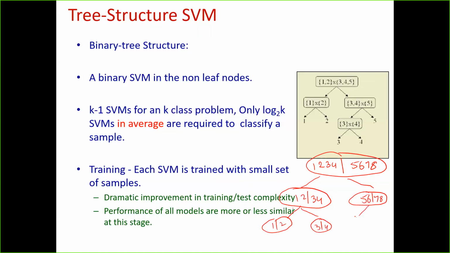And here, you can have a classifier between 5 versus 6, between 7 versus 8. All right. Say this side, you can have a 1 or 2, 3 or 4, 5 or 6, 7 or 8, right? So look at this carefully and tell me how many classifiers are we training if there are 8 classes?